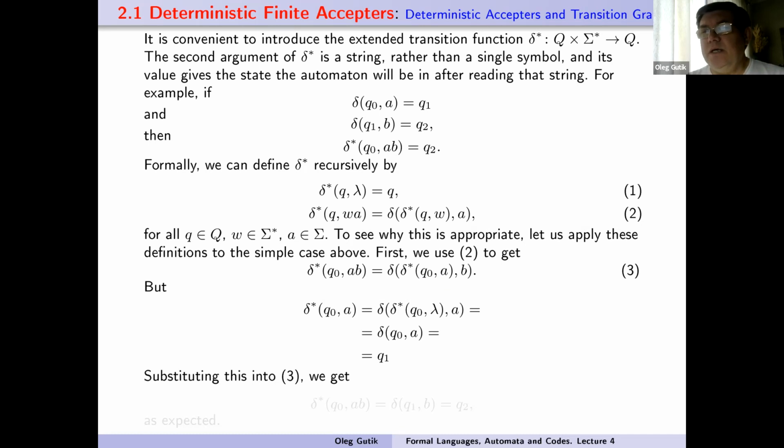Substituting this into formula 3, we get that delta star of Q0, AB is equal to delta of Q1, B, which is equal to Q2, as expected.